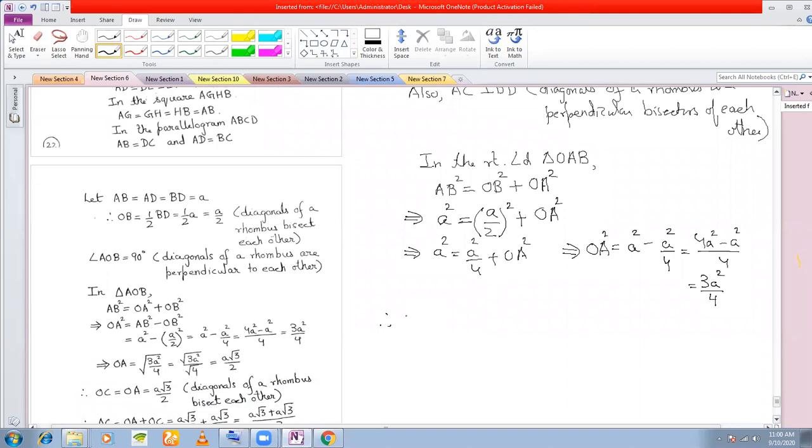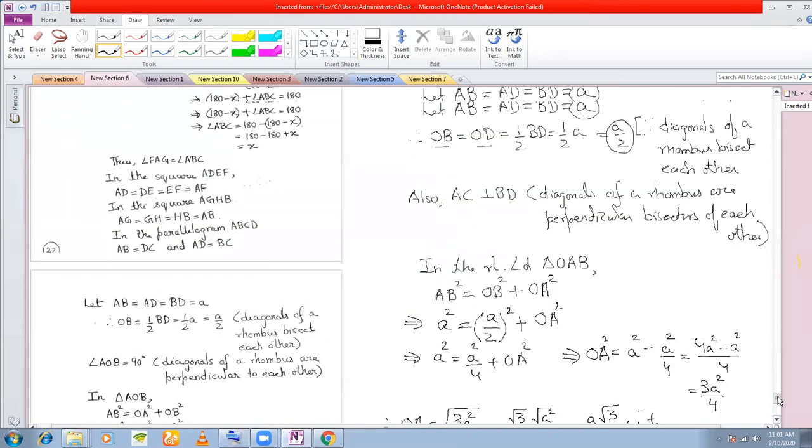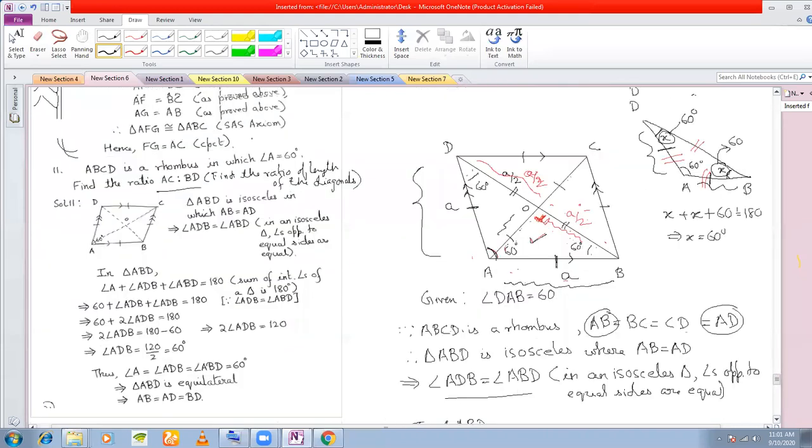Therefore, what should be OA? Square root of 3A square by 4, which is square root 3 times square root A square by square root 4, which is A root 3 by 2 units, right? So now this length we have got as A root 3 by 2.